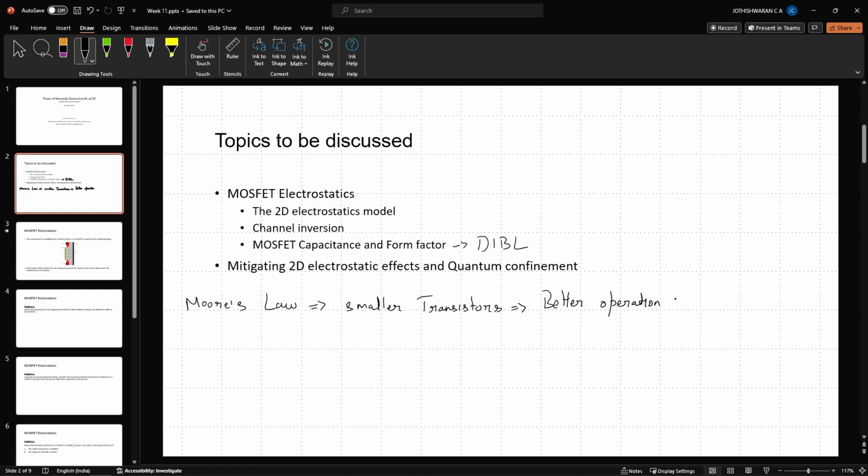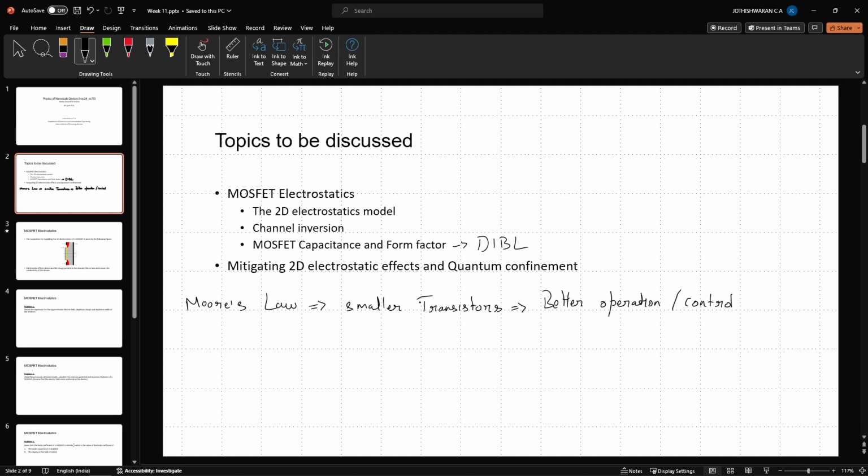Now what we shall see is that the need for smaller devices, short channel devices, is not just governed by Moore's law, which is essentially an observation based on the industrial trends. It is not a scientific law per se.